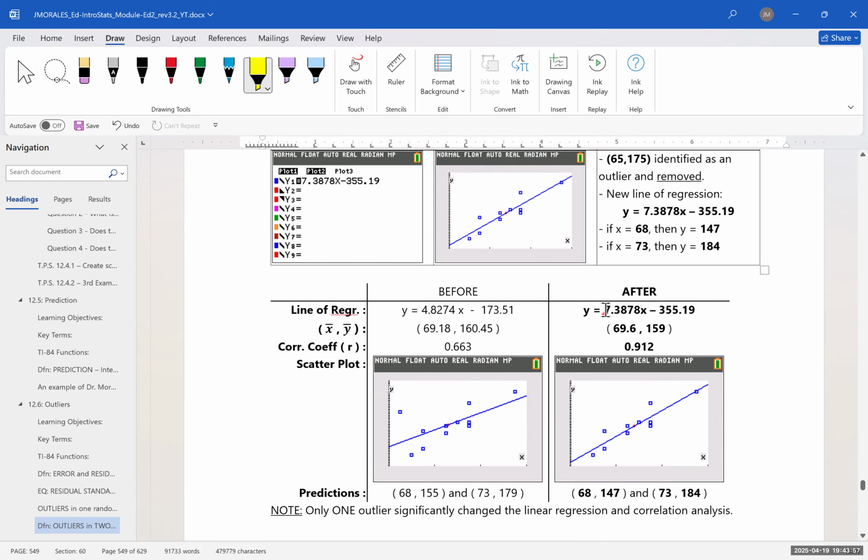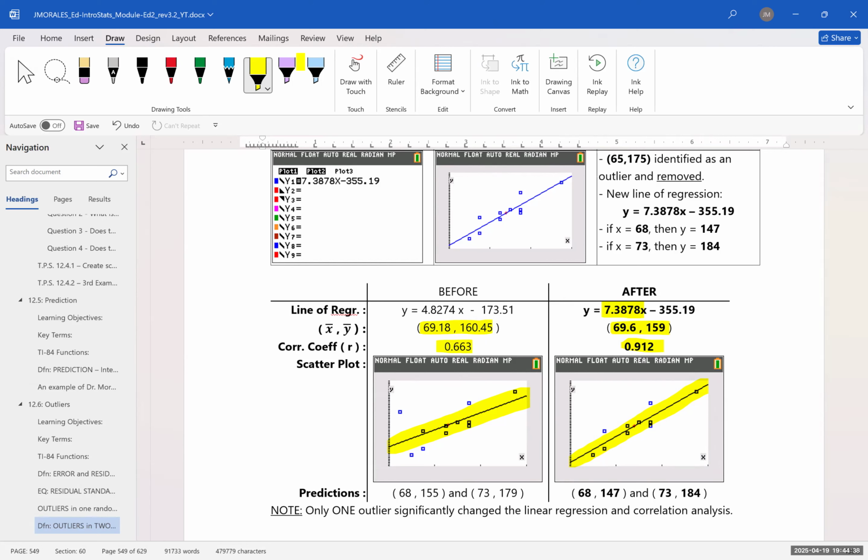So you actually get a steeper slope, right? You get a slope that's 7.38 versus 4.82. And you can see that reflected in this image. This slope of this line of regression is going up and to the right, but this one is going up and to the right more steeply. It's going upwards faster, and that's because it's got a higher slope. The x bar, y bar value changed. But the biggest difference here is in the correlation coefficient.